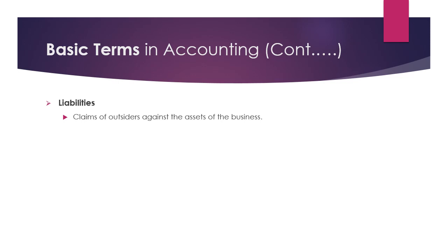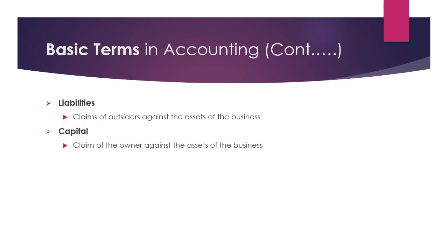Claims of outsiders against the assets of the business are normally termed as liabilities. Liabilities, in simple terms, represent the obligation of a business to another person or business. A deferment of payment of any expenses for a later period can be termed as liability. It is considered a liability until and unless the said amount is paid.